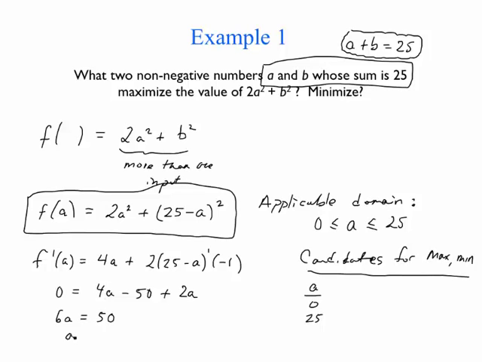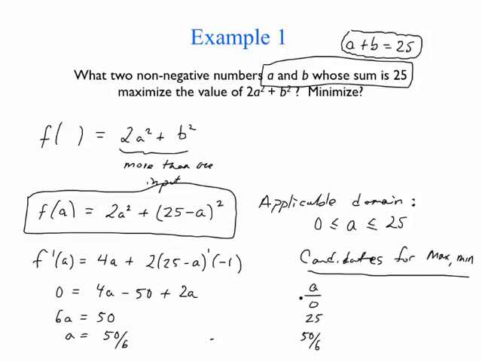So we get one critical value at 50 over 6. So there are only 3 possible candidates for max or min. There's one critical value. So we should also check, is 50 over 6 in the domain? Does it fall between 0 and 25? Yes. So we're going to keep it. Any critical values that don't fall in the applicable domain, we chuck them out. We only want the critical values between our endpoints.